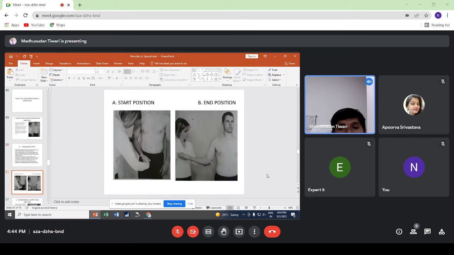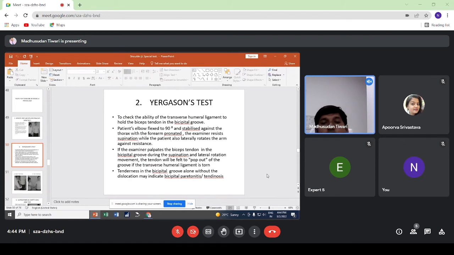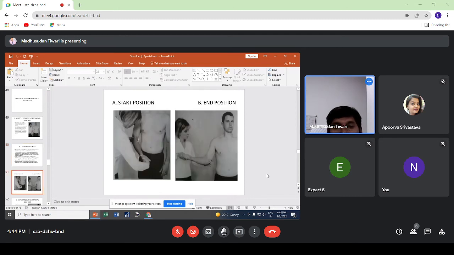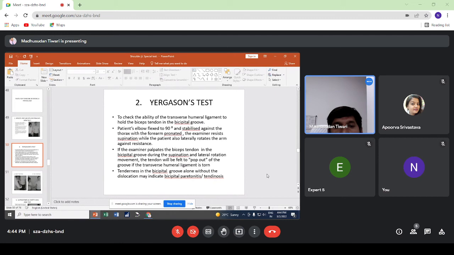Yergason's test, to check the ability of the transverse humeral ligament to hold the biceps tendon in the bicipital groove. Patient's elbow is flexed to 90 degrees and stabilized against the thorax with the forearm pronated.